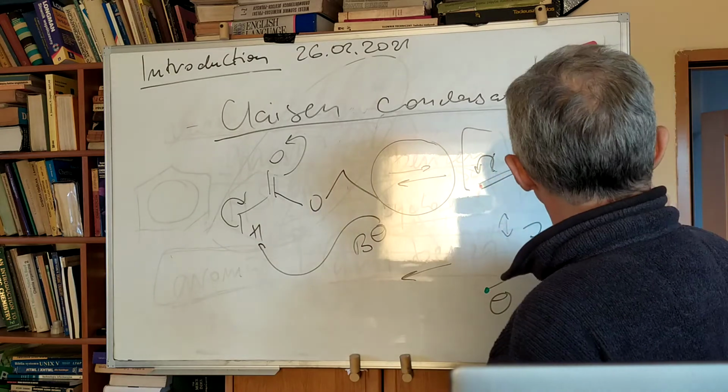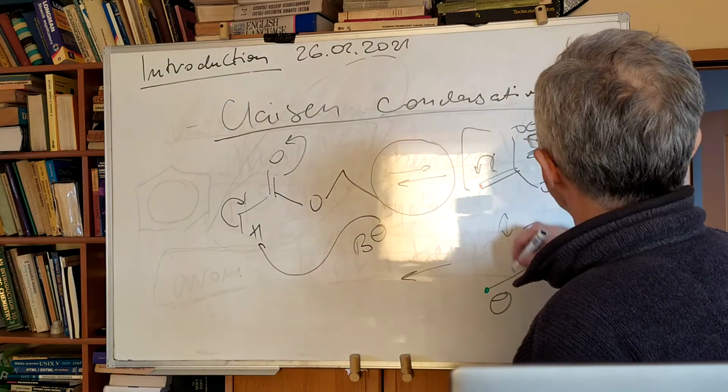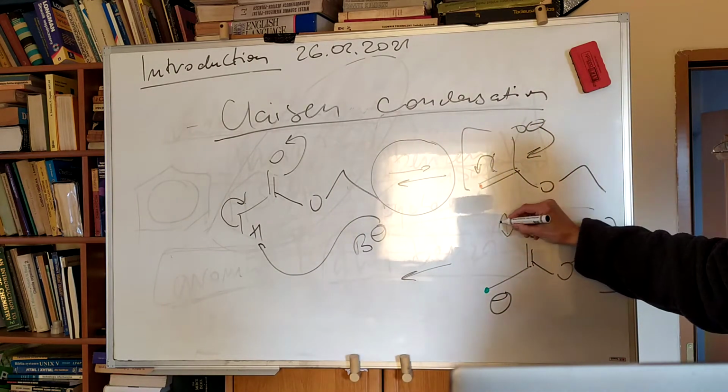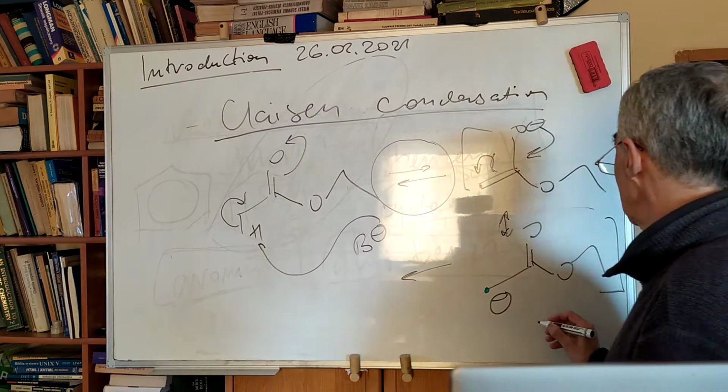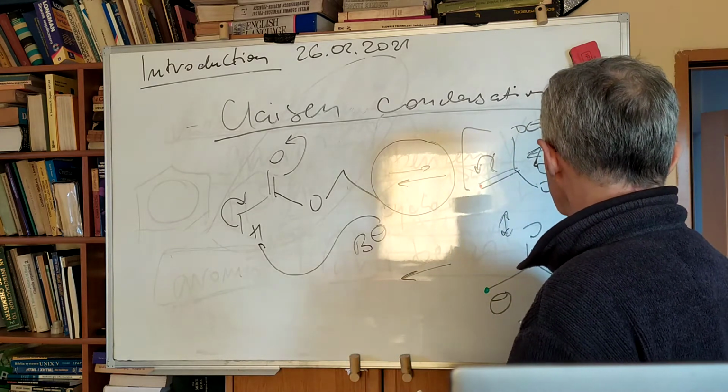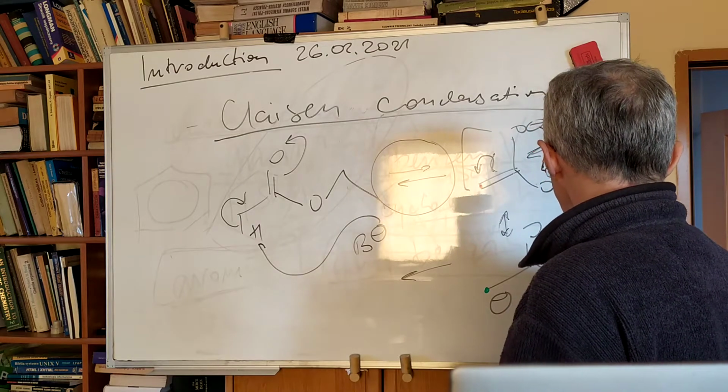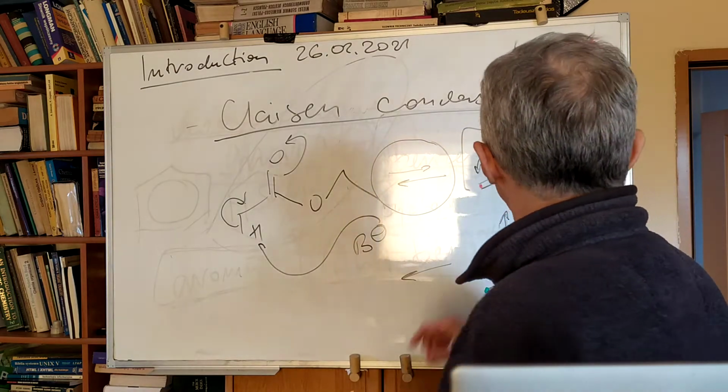To have the product, we should write these resonance structures, and now we need of course a second molecule. Let's write here a second molecule.